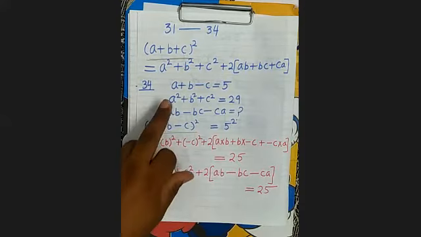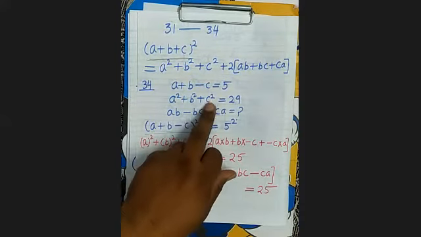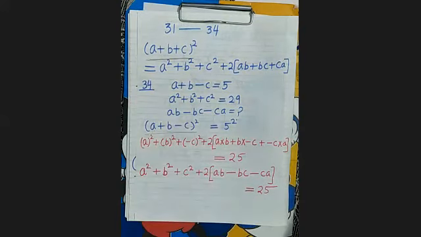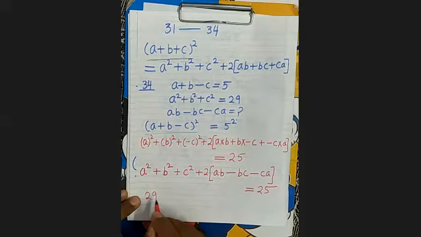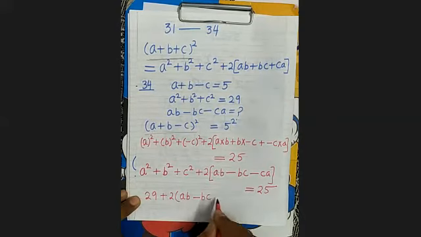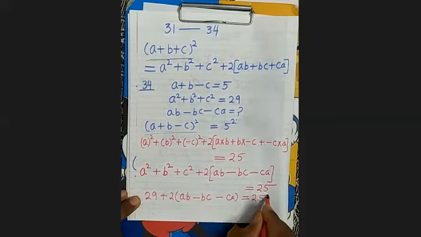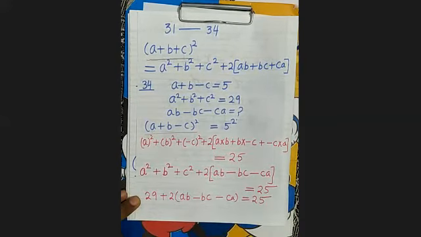Now what is a square plus b square plus c square? It is given 29. So 29 plus 2 (ab minus bc minus ca) equals 25. So you take 29 to the other side.